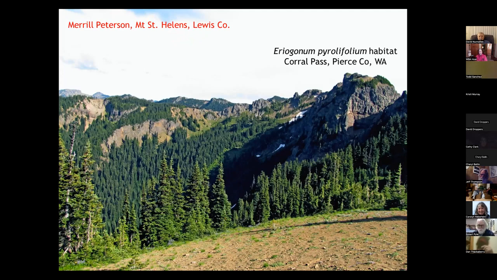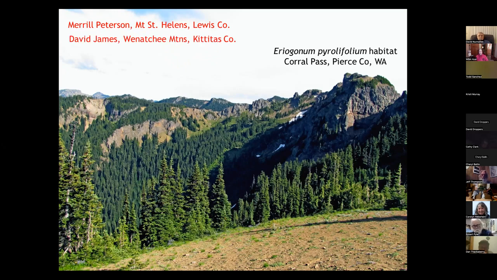We don't know for sure if they are lupini or something else, but he found these on this very same plant, Eriogonum pyrolifolium, on the southwest side of Mount St. Helens down in Lewis County. This was after the volcano blew, so that area should still be good.